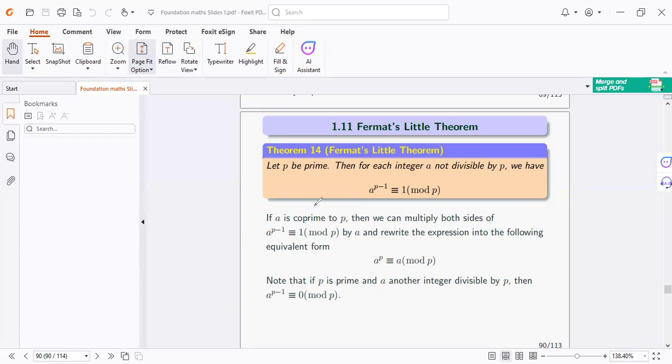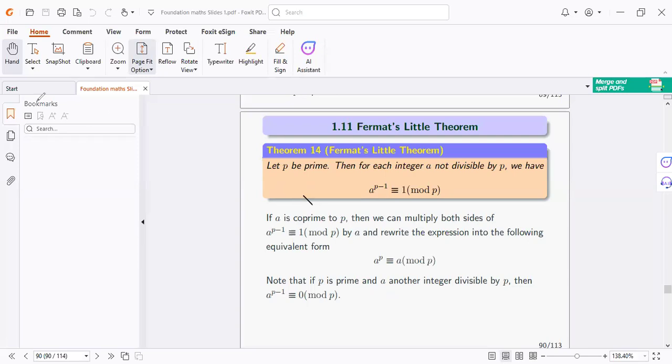And the Fermat is what is stated here. What we didn't see yesterday was how to get the inverse using Fermat.